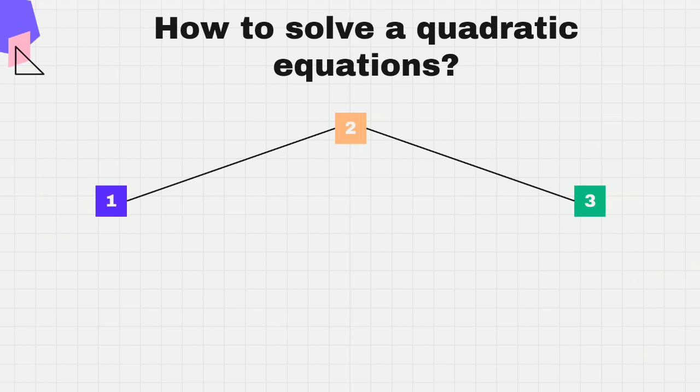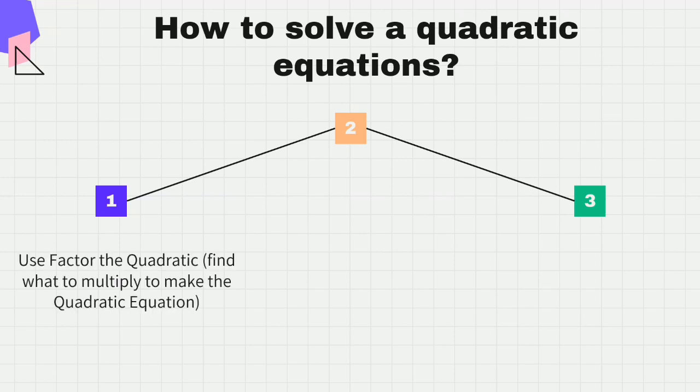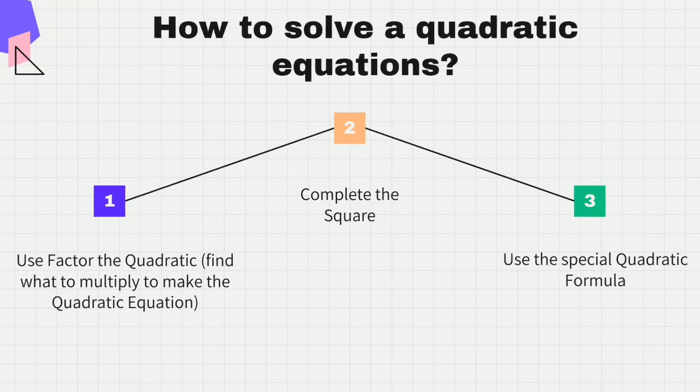How to solve a quadratic equation? There are a few different ways to find the solution. First, we can factor the quadratic, or find what to multiply to make the quadratic equation. Second, we can complete the square. And third, we can use the special quadratic formula, and we will look at this method in more detail now.